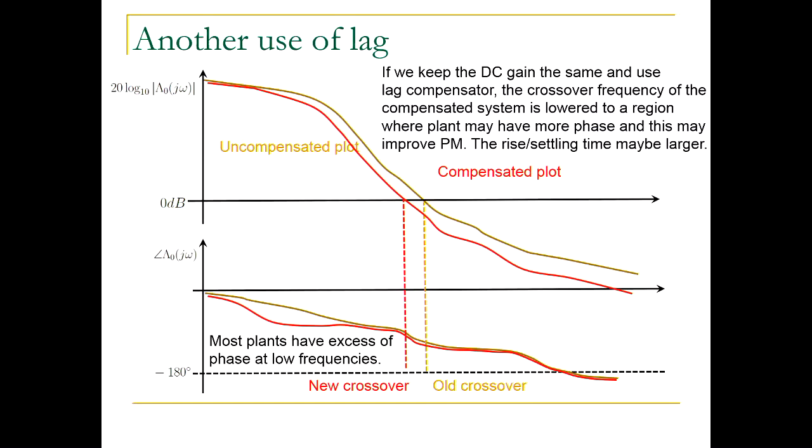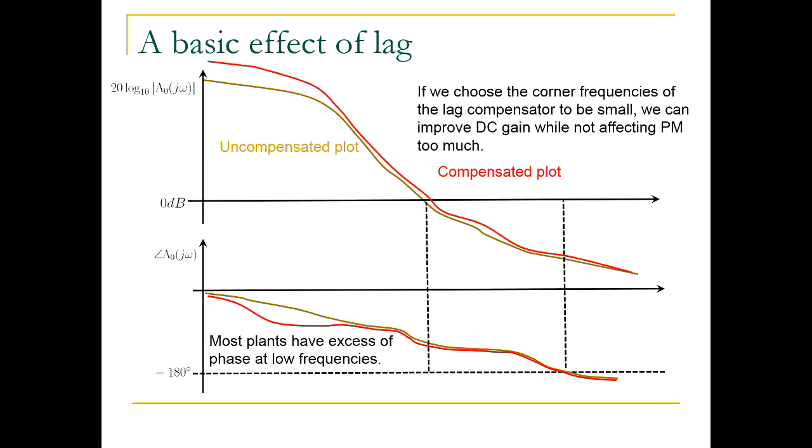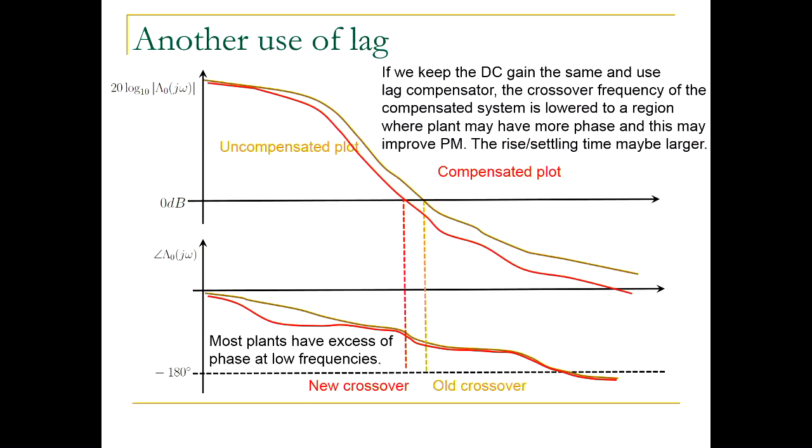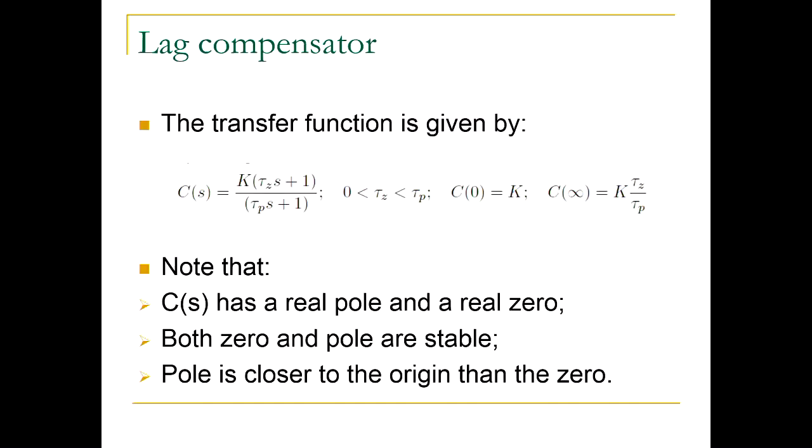And we will do design of exactly this sort of compensator in today's lecture. By the way, if you go to Ogata, you would see a lot of examples also of this use of a lag compensator that increases the DC gain, so the gain at low frequencies, and that improves steady state errors. So please work through some of those examples as well.